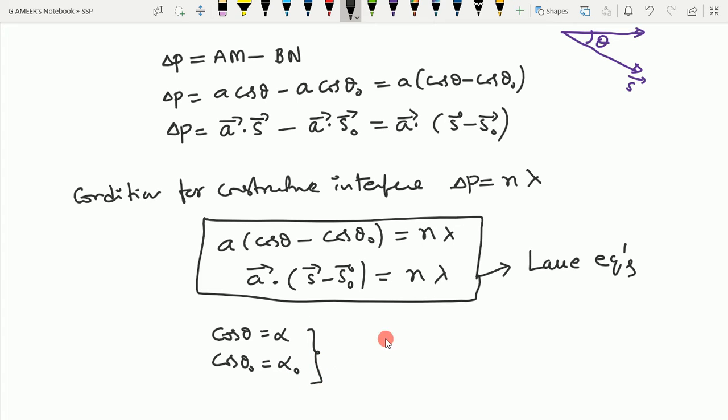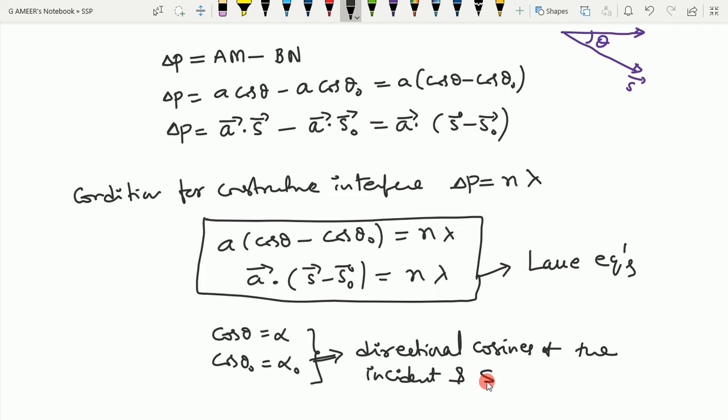We call them the directional cosines of the incident and the scattered or diffracted rays.